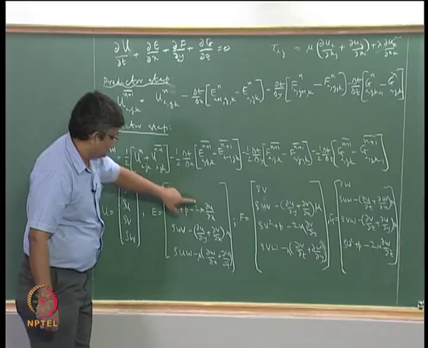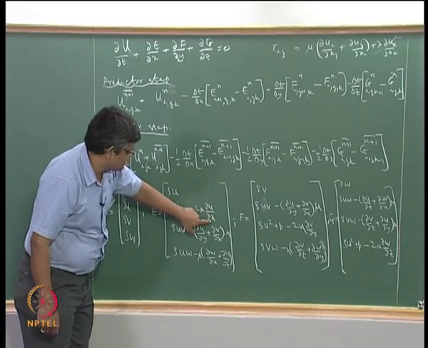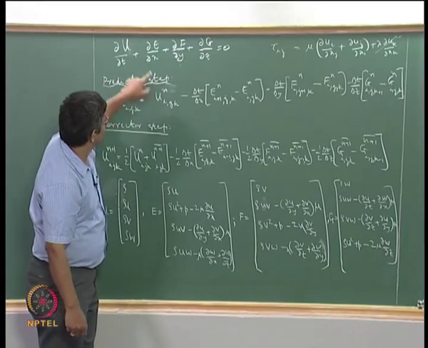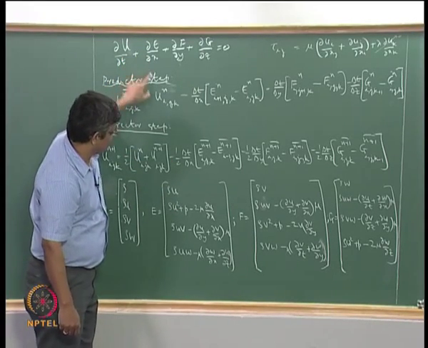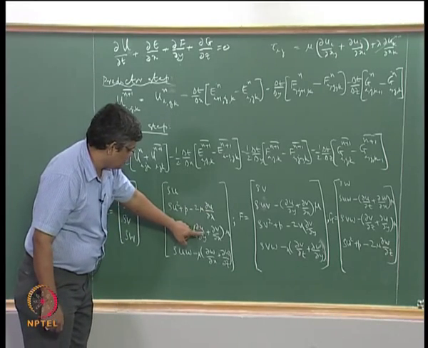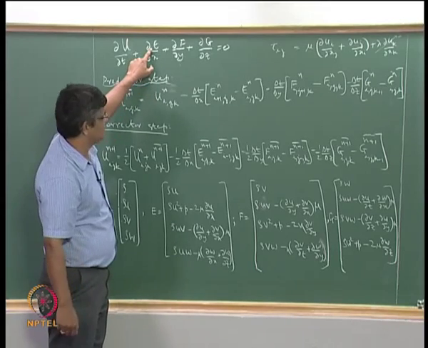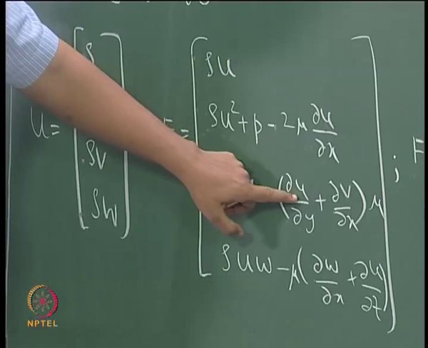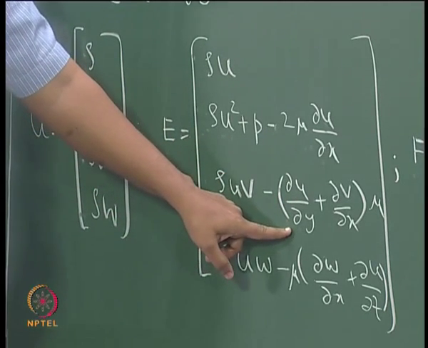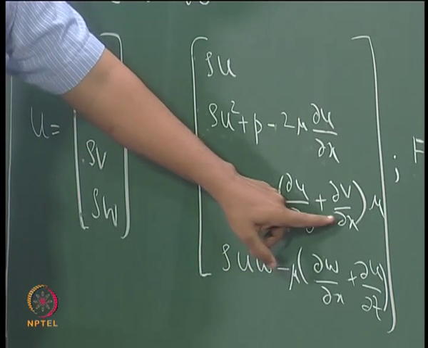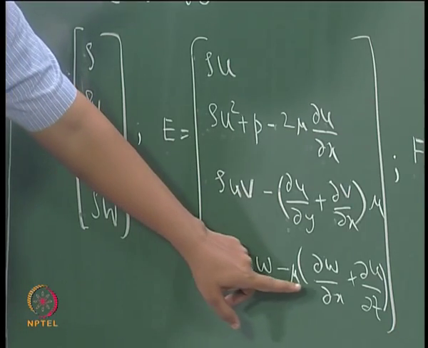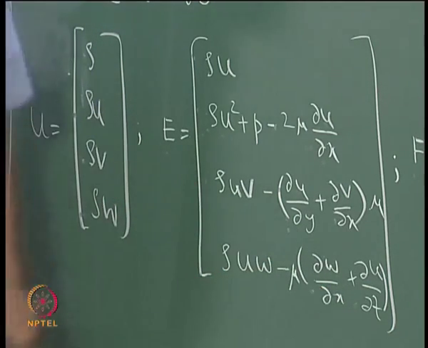So a term like dou u by dou x, because this whole thing is being differentiated here, will give you dou by dou x of dou u by dou x, so that is a normal derivative. And dou u by dou y, which is also appearing in the E here, will be differentiated as dou square u by dou x dou y, so this is a cross derivative. Again this is a normal derivative and this is a cross derivative.